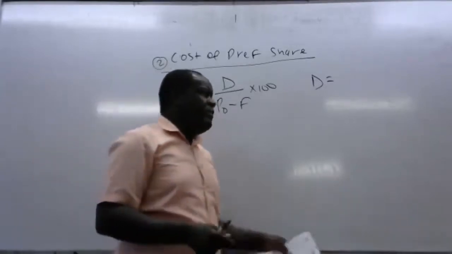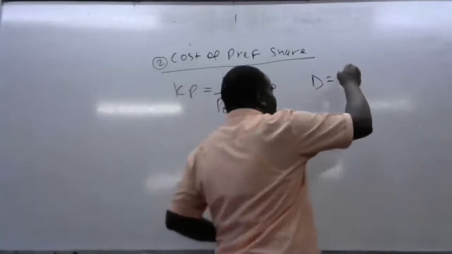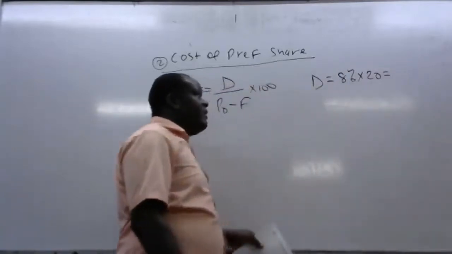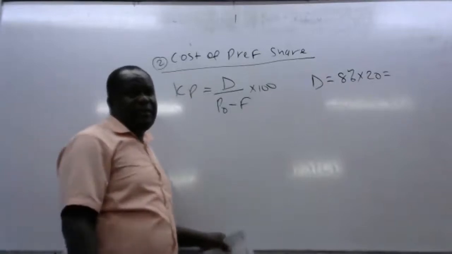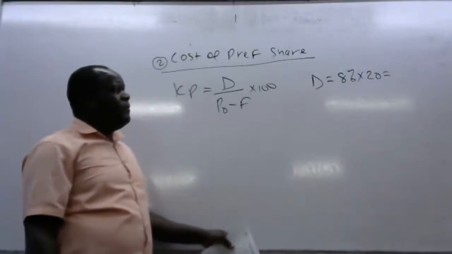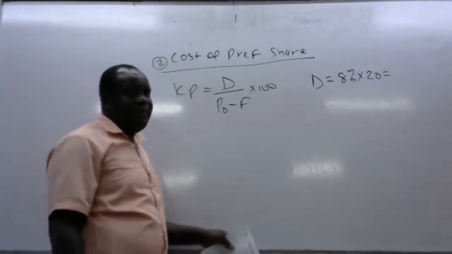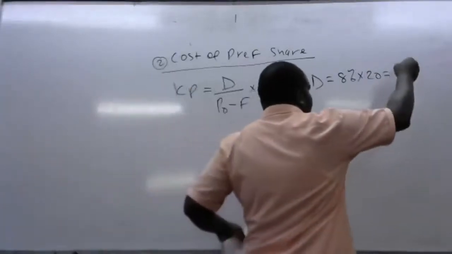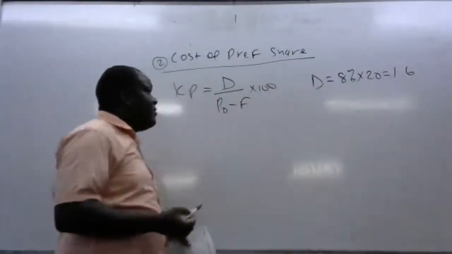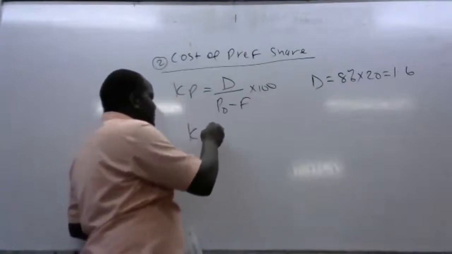So dividend will be 8% of 20 shillings. What should be 8% of 20? It will be 1.6. So now we can get our KP.